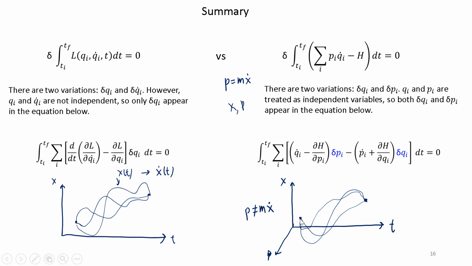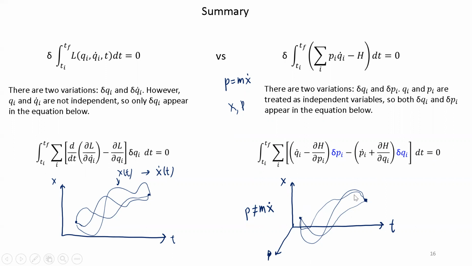If I give you two points and allow you to draw any arbitrary path in this space, you will find that p equals m x dot is not necessarily true. It really depends on how you draw them.